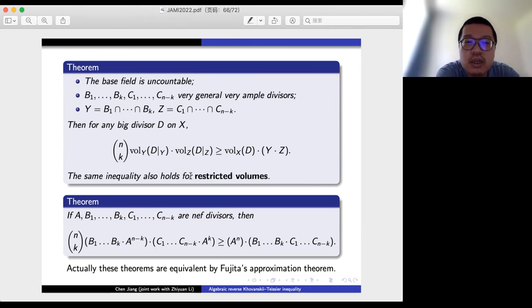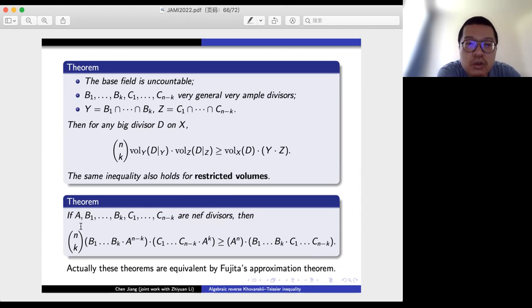And actually, it also holds for the so-called restricted volume. Maybe I have no time, so I won't explain this definition. But if you replace the volume of x, this volume of y and volume of z with some restricted volume on some bigger ambient space, then this inequality still holds. Okay.